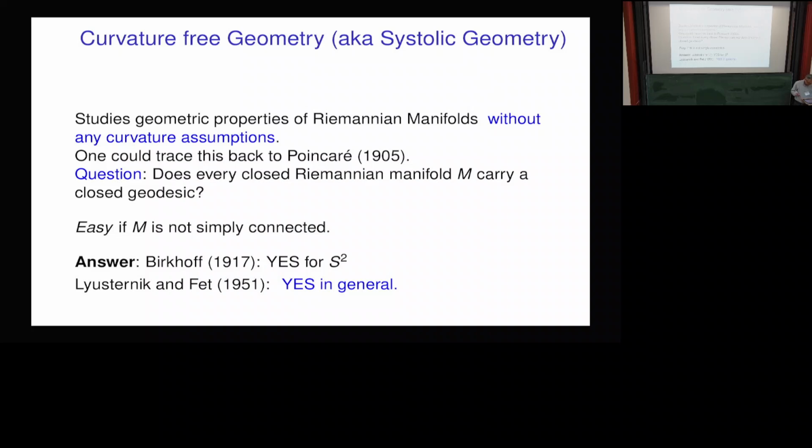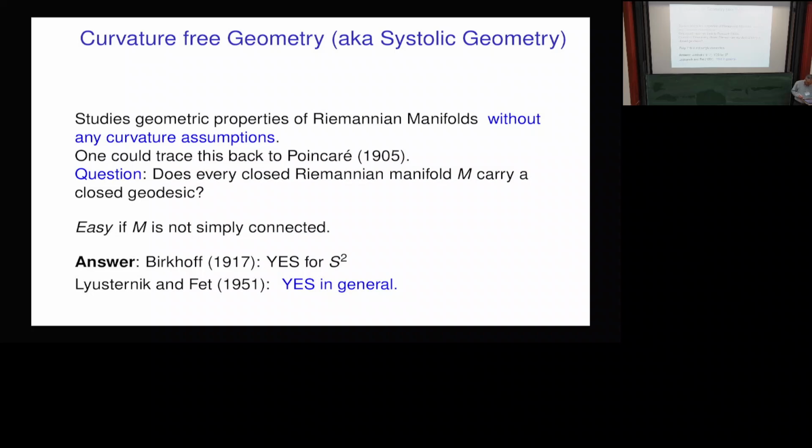Birkhoff had this brilliant shortening idea. And in fact, Lusternik and Fet later on showed that this technique works more generally if just assuming non-trivial homology on the manifold.